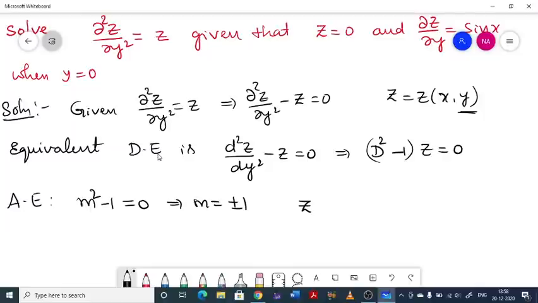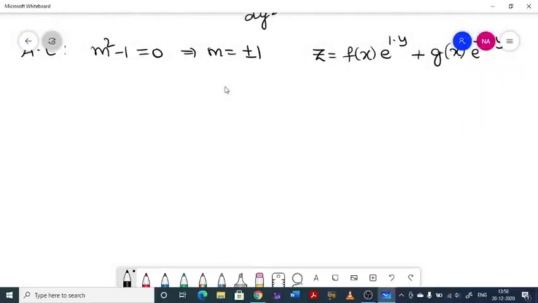So z = constant, that is f(x) e^(1·y) + g(x) e^(−1·y), or you can write z = f(x) e^y + g(x) e^(−y).